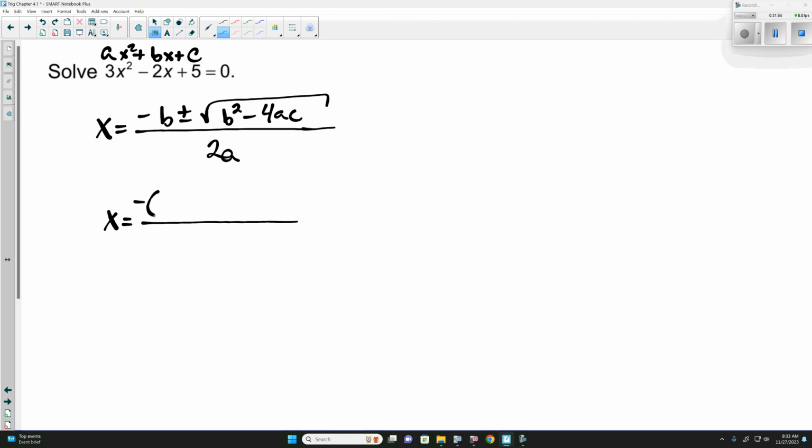So we have negative b, which would be negative, and we plug in our negative 2. Inside the radical, we have b squared, so negative 2 squared, minus 4. A in our case is positive 3, and c is positive 5. All over 2 times a, which is 2 times 3.